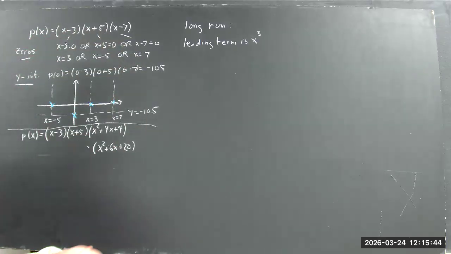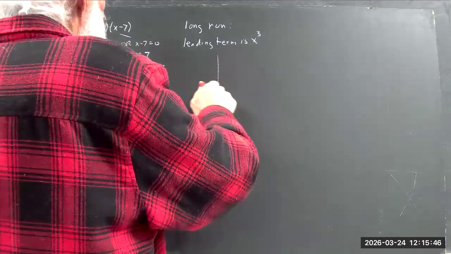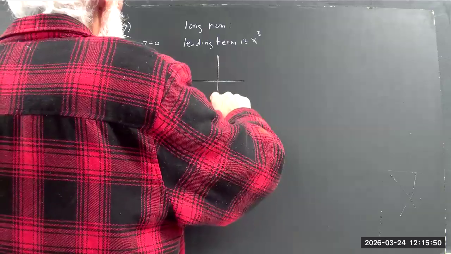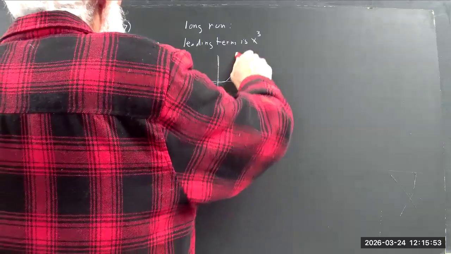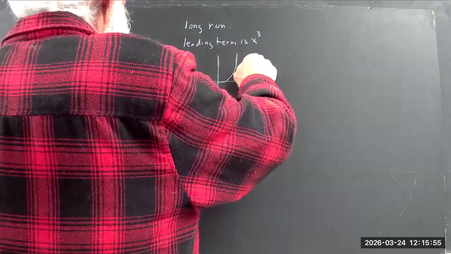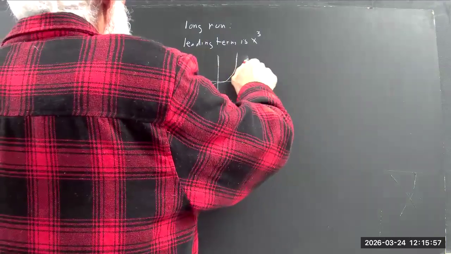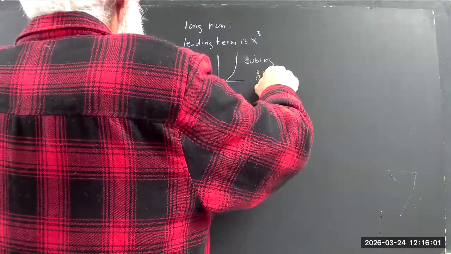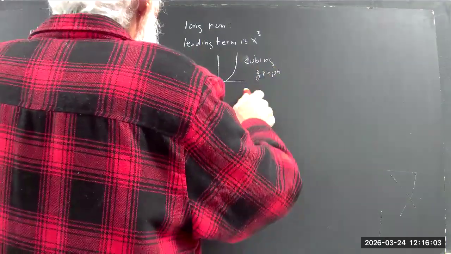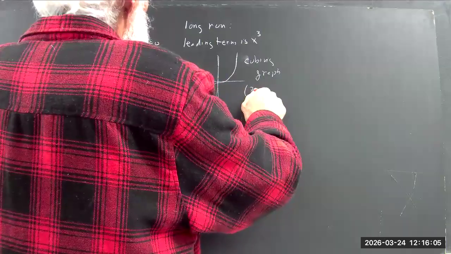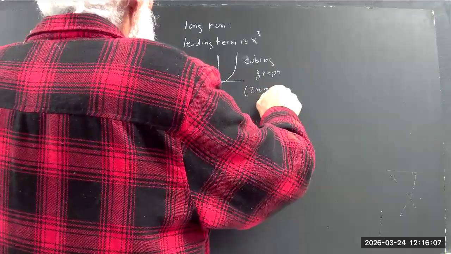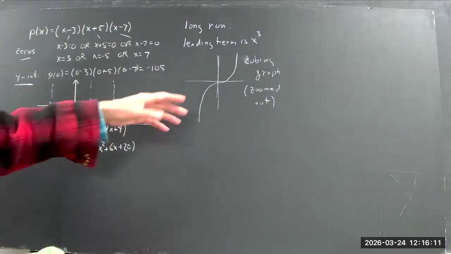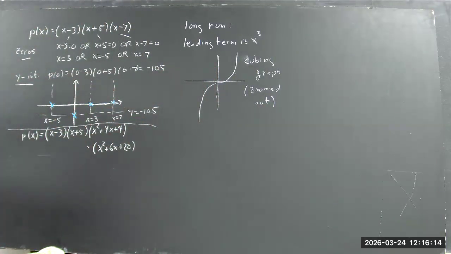The graph of x cubed is a cubing graph where we've zoomed back on this graph.